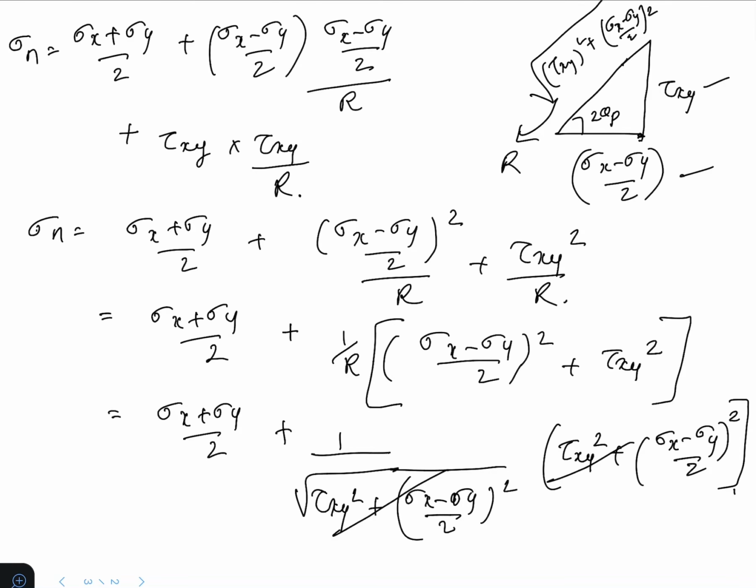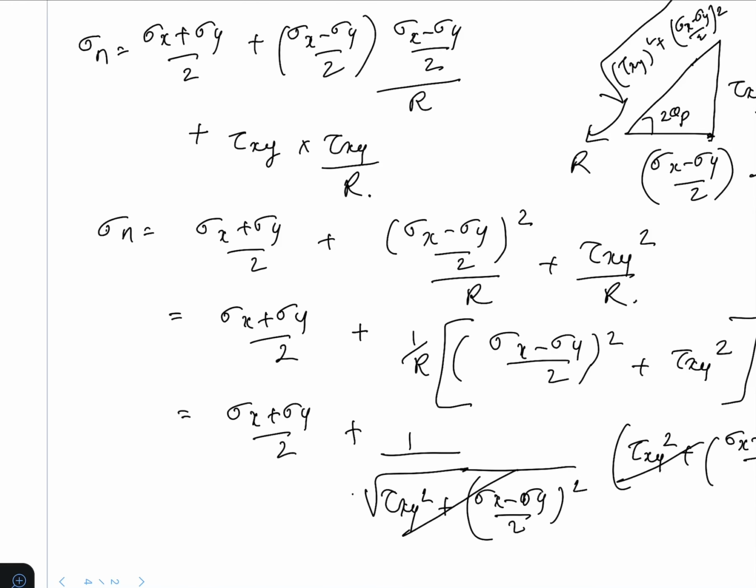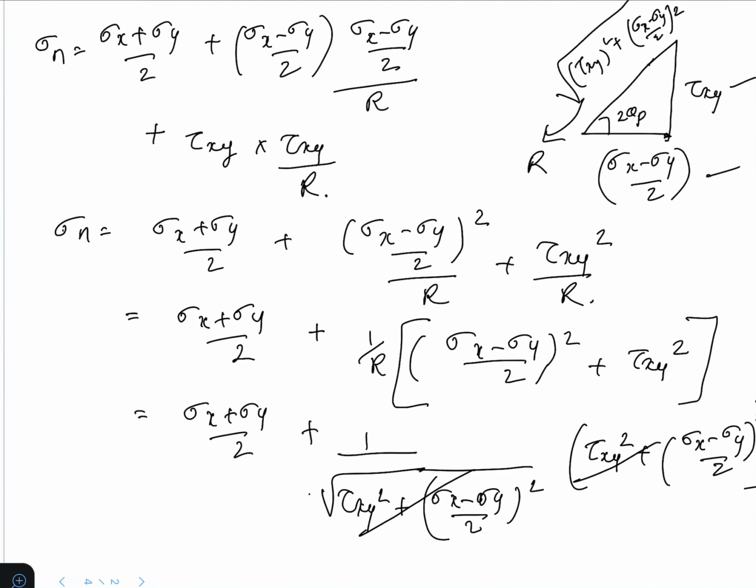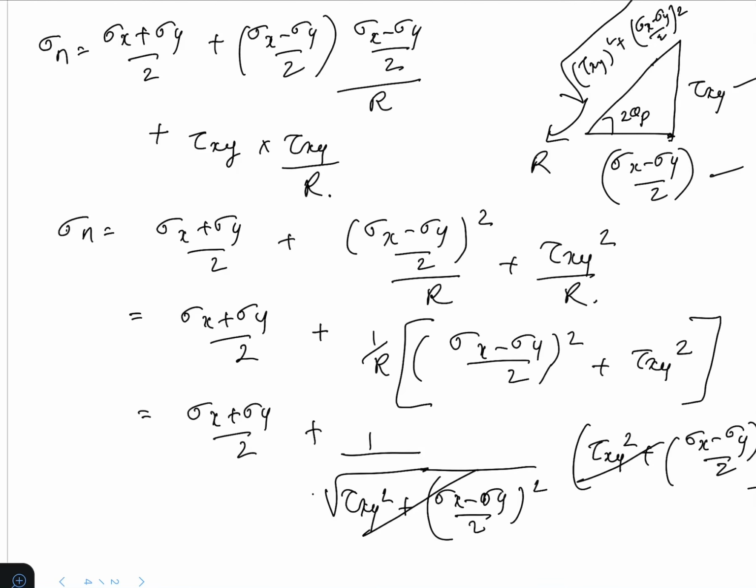Okay, so this much we can cut and put it under root. So that will become, this is 1 by 2 and this is 1, so we can cut and put 1 by 2 here. So we will have sigma, now this has become not sigma n. Instead of sigma n, it has become principal stresses.